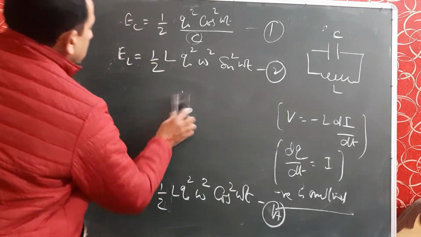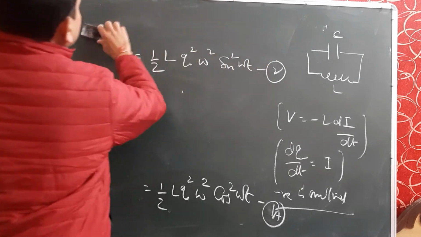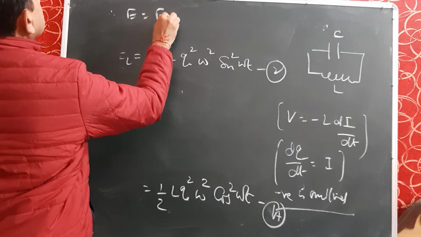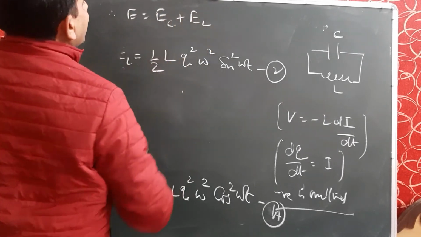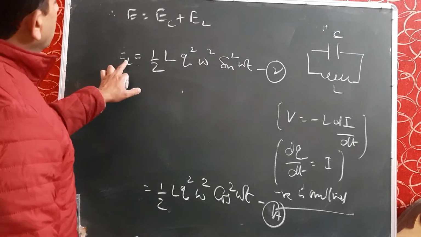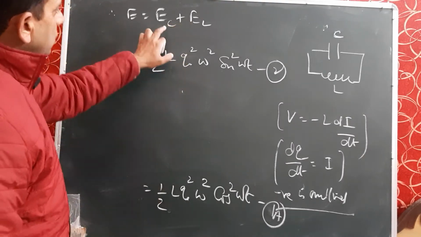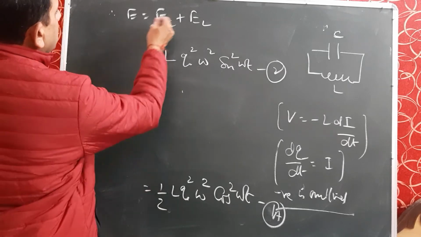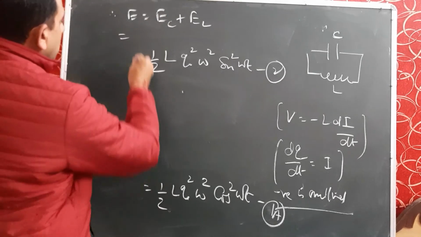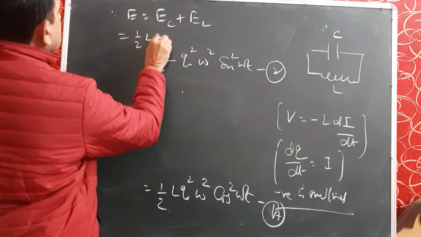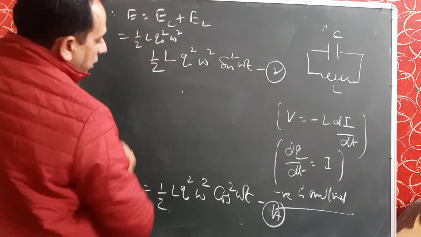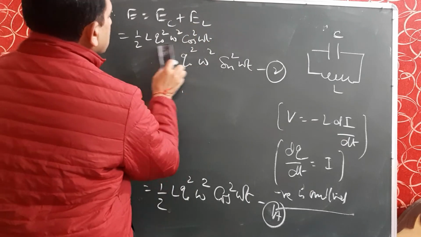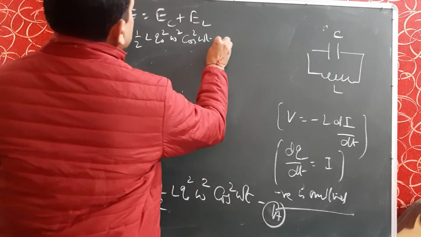Now, find the total energy. Therefore, total energy is the sum of E_C and E_L. So, putting these values of E_L and E_C, what is E_C? Half L q naught square omega square into cos square omega t. And what is E_L?